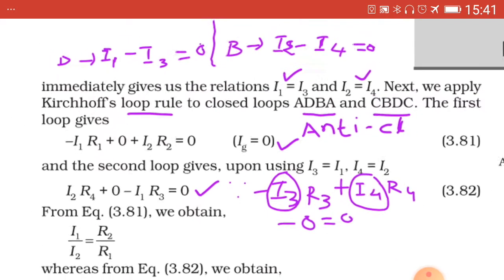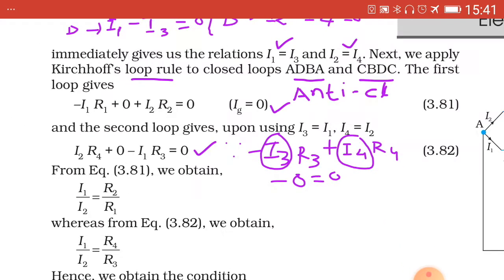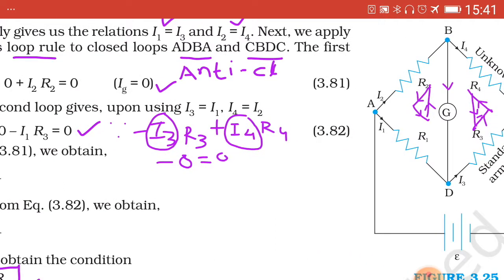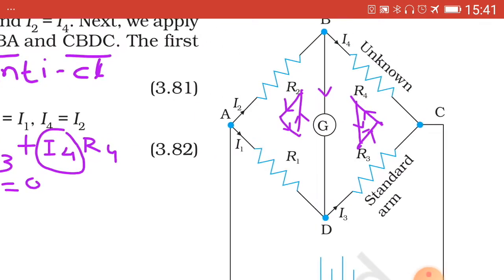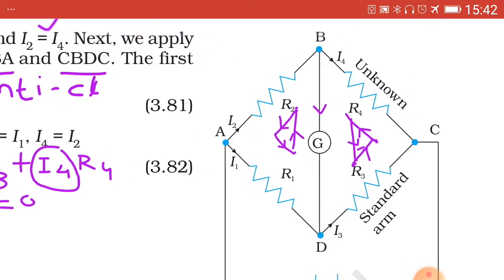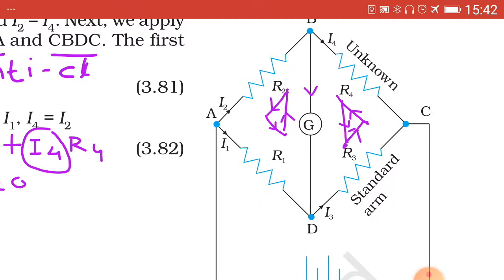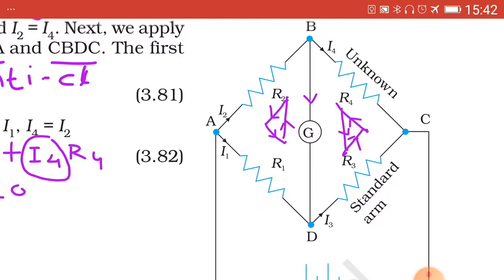Now we apply Kirchhoff's second rule, that is the loop rule, to the closed loops ADBA first and then CBDC. The first loop ADBA is in the anti-clockwise direction.